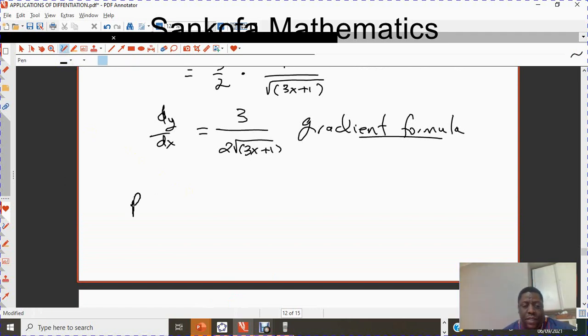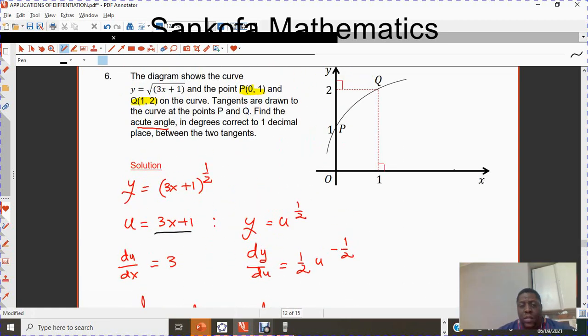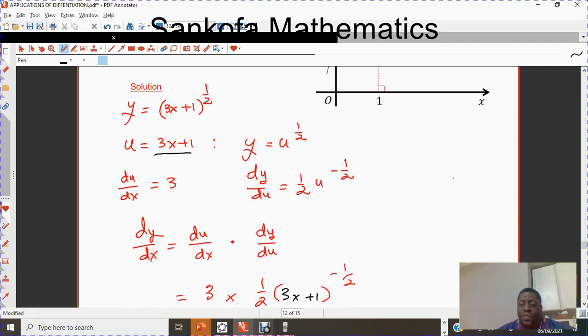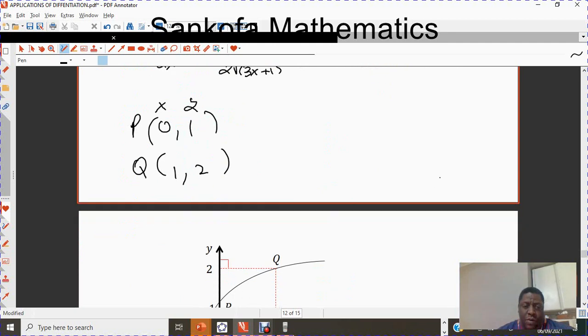So P is (0, 1) and Q is (1, 2). If you know the x value and the y value, point Q is (1, 2) and P is (0, 1).